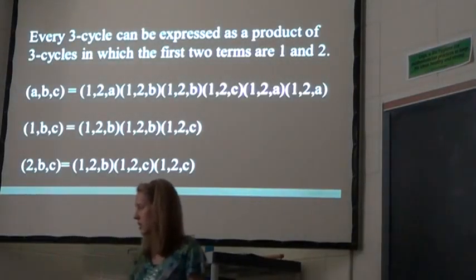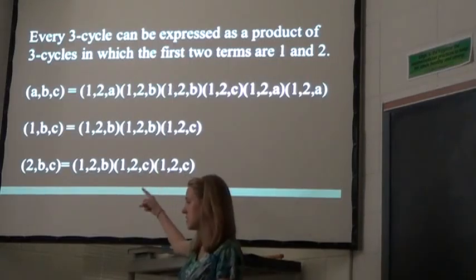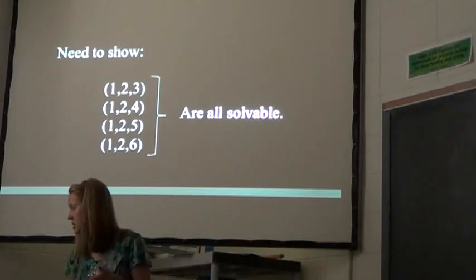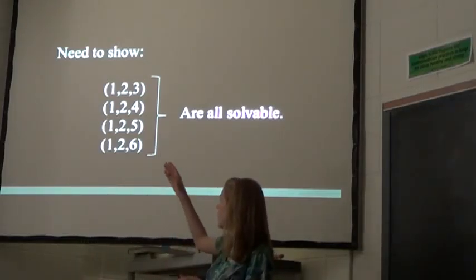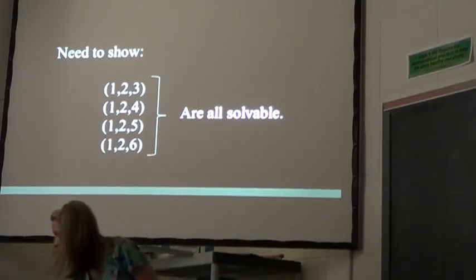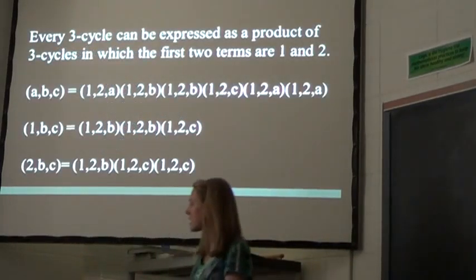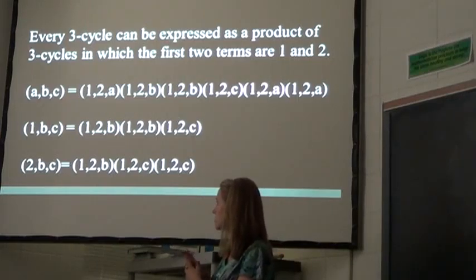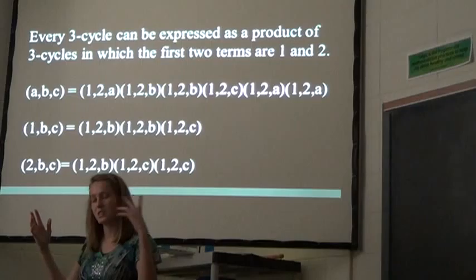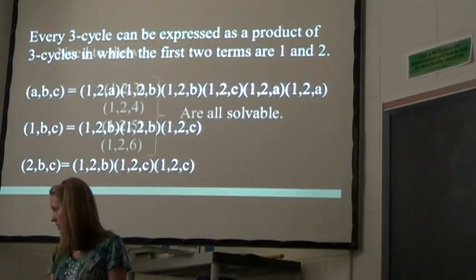If A, B, or C are equal to 1 or 2, then we can express them as this product of 3-cycles. But if we're able to show that these 3-cycles are solvable, then going back to here, we know that we can make any combination of 3-cycles to achieve any pair of transpositions, which achieves any even permutation.